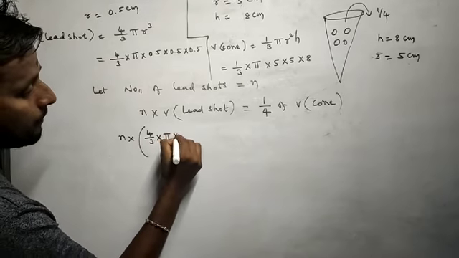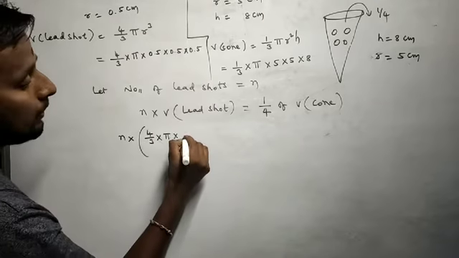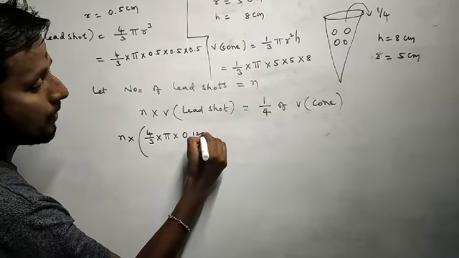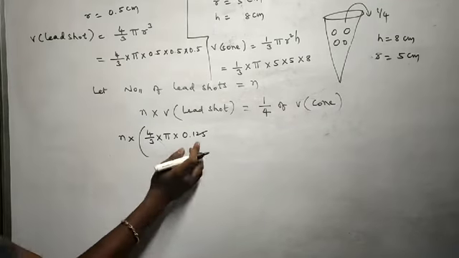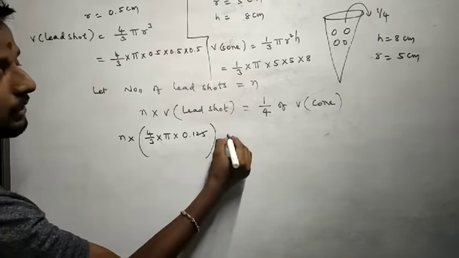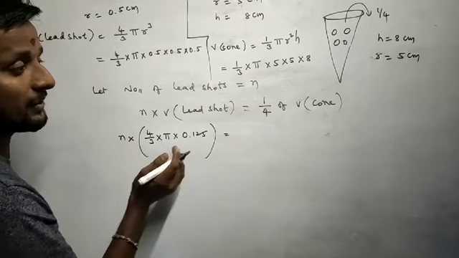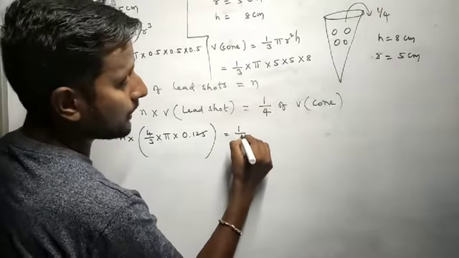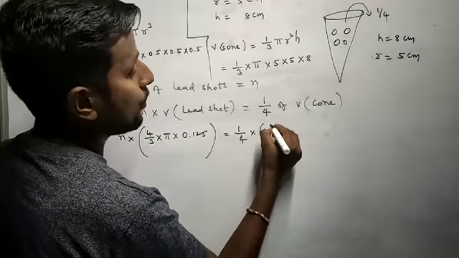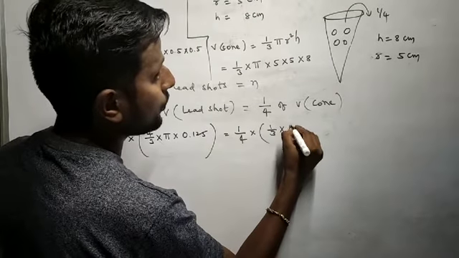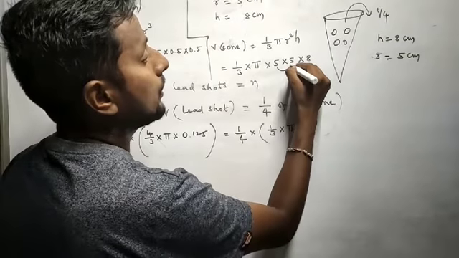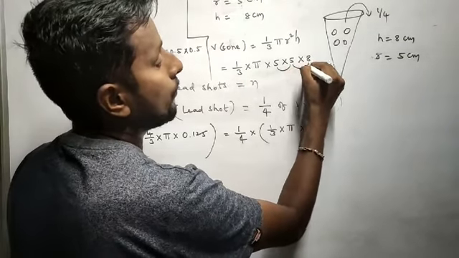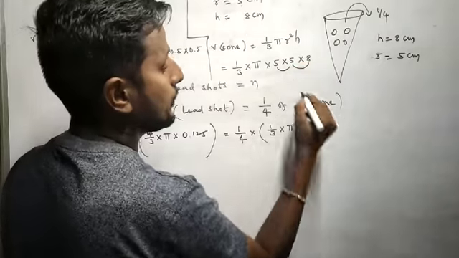Into pi. Okay. Next, if you multiply all, we'll get 125. After digit 1, after decimal we have 3 digits, so I have written 125. So decimal before 3 digits from right side. Okay. Now 1/4 of the cone, 1/3 into pi into 5 into 5 into 8. 5 eights are 40, 40 fives are 200.